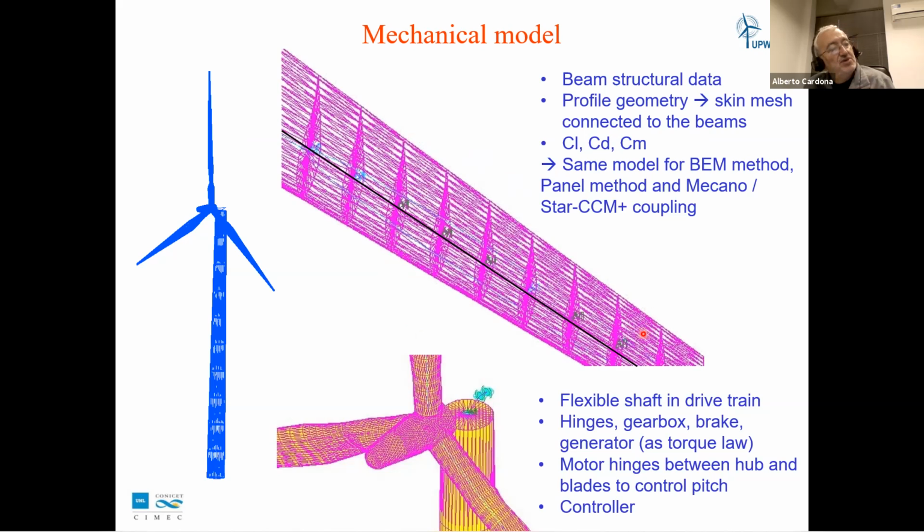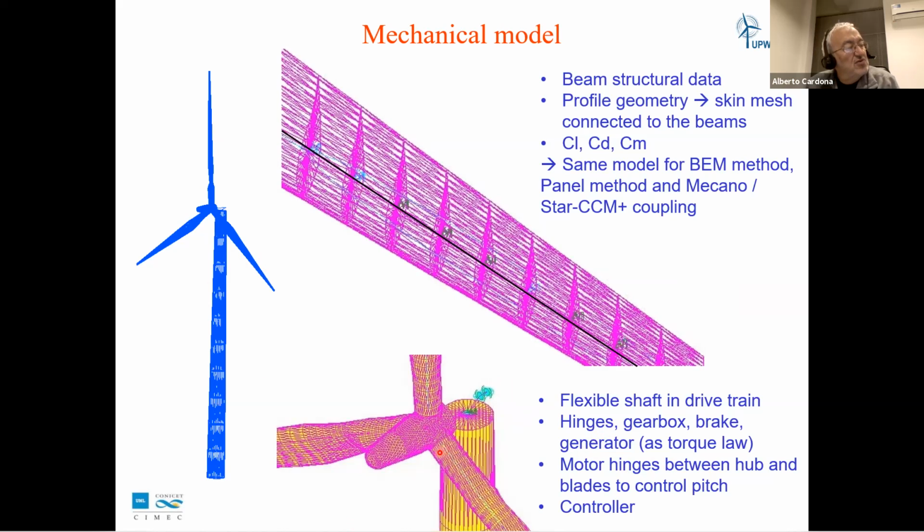We give a skin mesh, which is the mesh where the forces and or pressures coming from the fluid will be applied. And so, what else? Well, the shafts in the drivetrain are flexible. We see here, for instance, some revolute joints. There's an elastic shaft here.